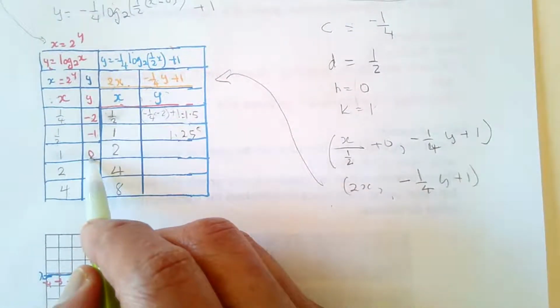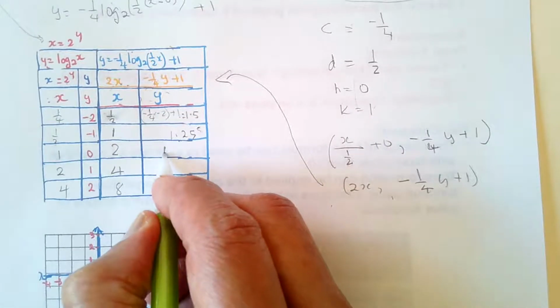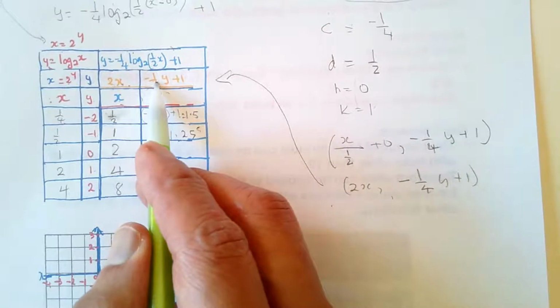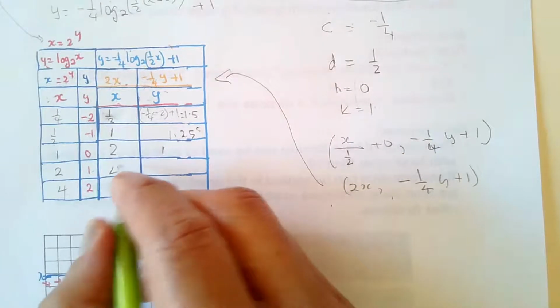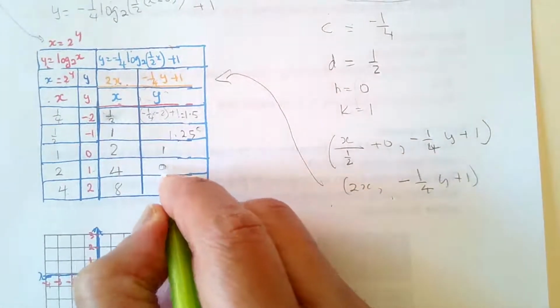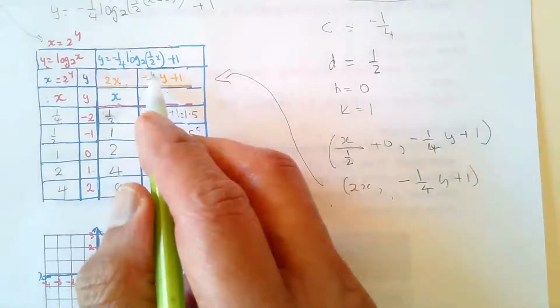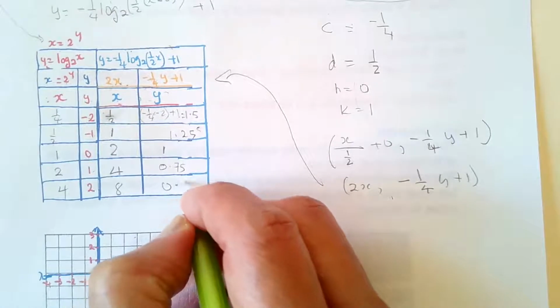Then we have 0 plus 1 will give us 1. And you have 1 times -1/4 plus 1 will give us 0.75. And 2 times -1/4 plus 1 will give us 0.5.